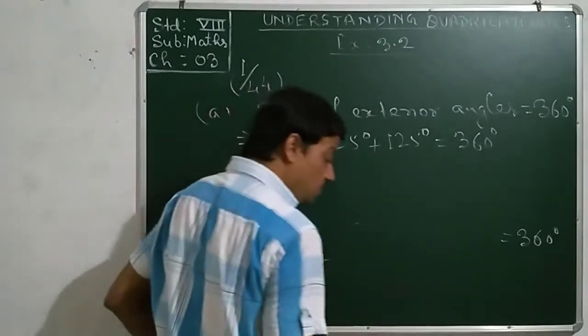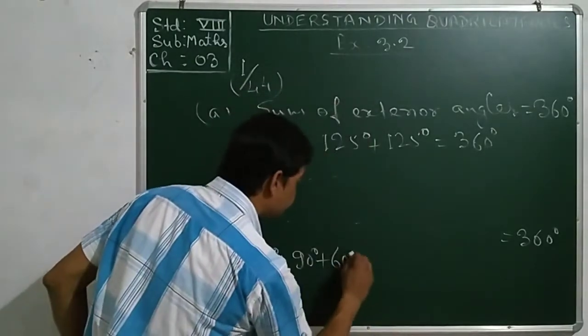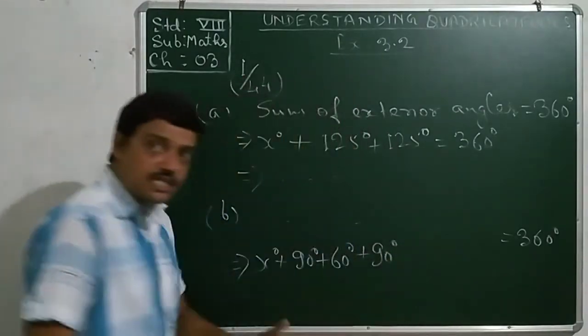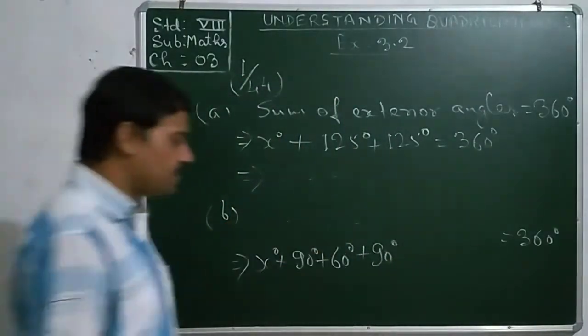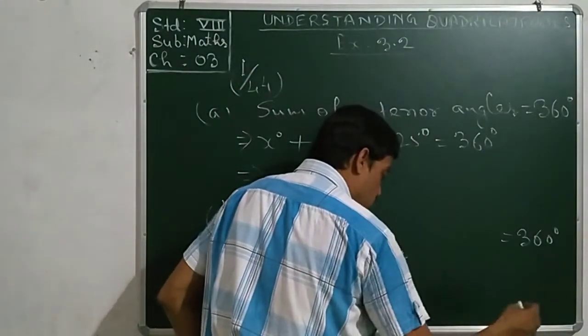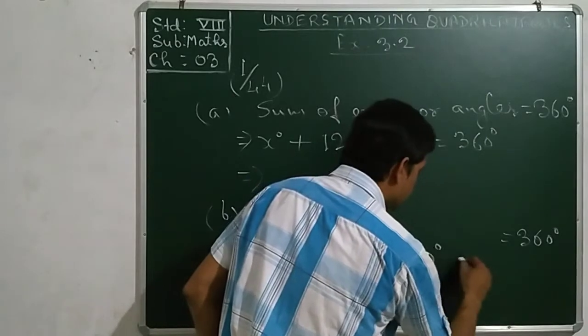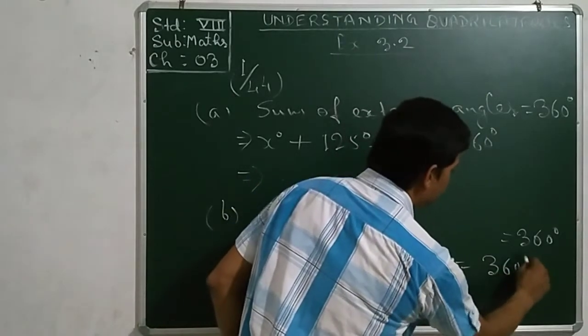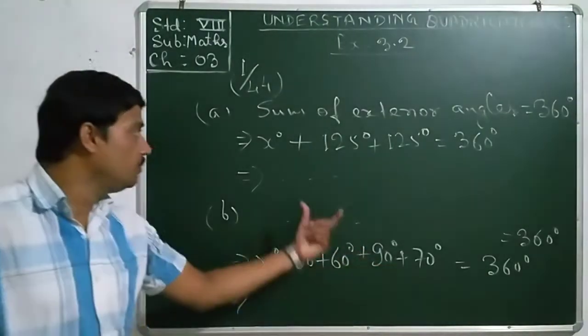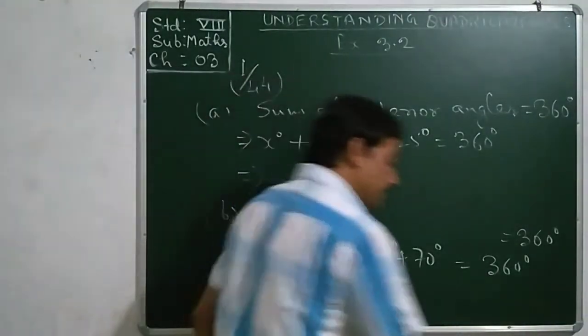The third angle you will get is 60 degree. Once again the fourth one is a right angle, its supplementary is 90 degree, and the next one is 70 degree. The sum will appear to be 360 degree. Now solve it for x degree, you will get the value of the missing angle.